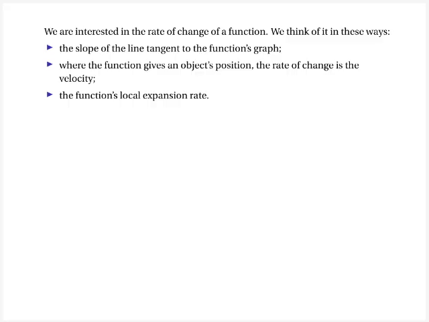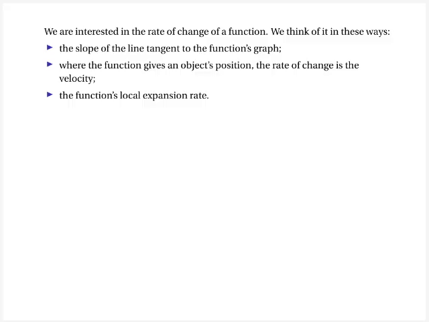We had some numerical evidence that although delta y over delta x becomes a meaningless fraction when delta x is 0, nonetheless, if you look at the numbers as delta x gets smaller and smaller, nearer and nearer to 0, you have a sense that there's a meaning to what it's talking about, the slope of that line. Likewise, when the function gives the object's position, you have some sense that there's a meaning to the velocity of that object.